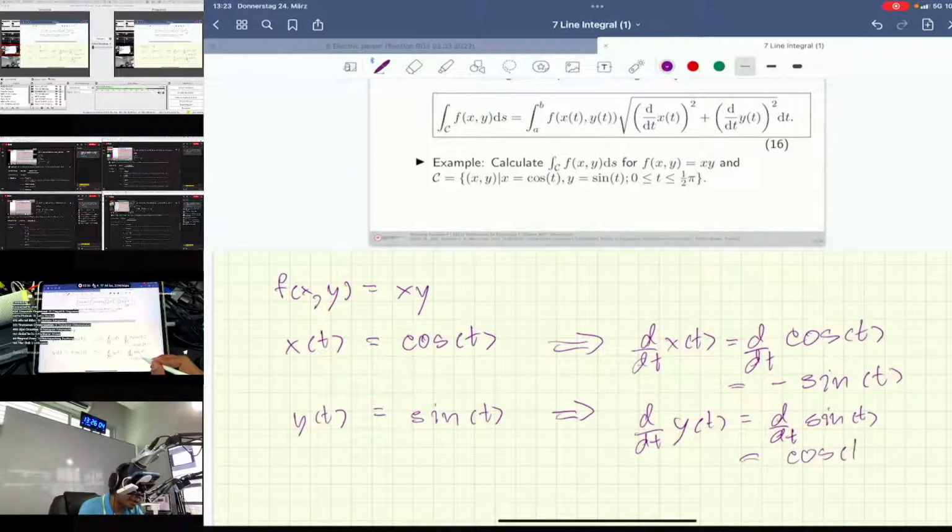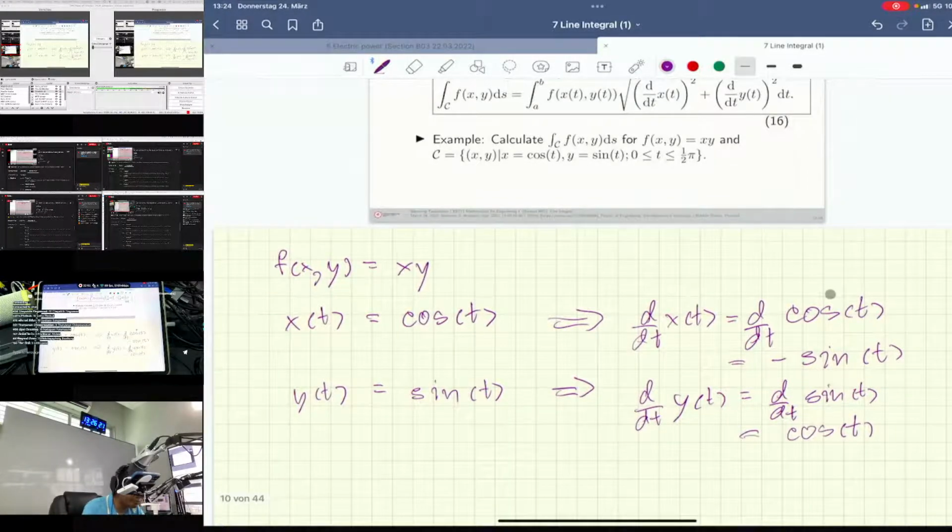The derivative of sine is cosine. They want to know the integration along this curve, and we have got already the dx by dt and the dy by dt.